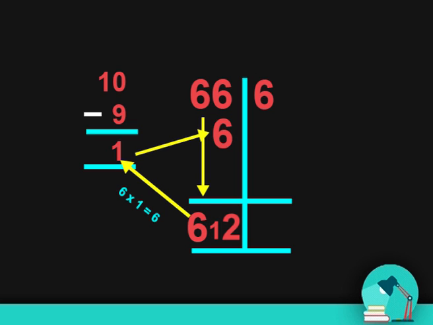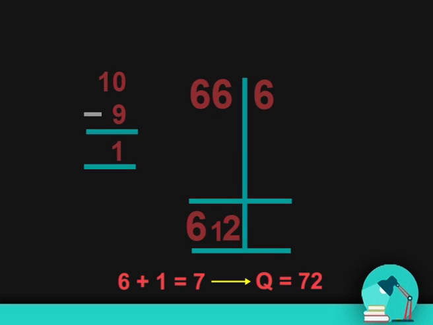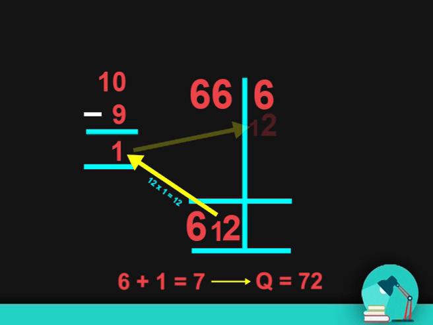Next, we will add surplus 1 of 12 to the number 6 in the quotient, making the quotient 72. Multiply 12 with difference 1 and write it on the right side of the dividend. As dividend has one digit, we will write 2 of 12 below 6 and making 1 of 12 surplus.